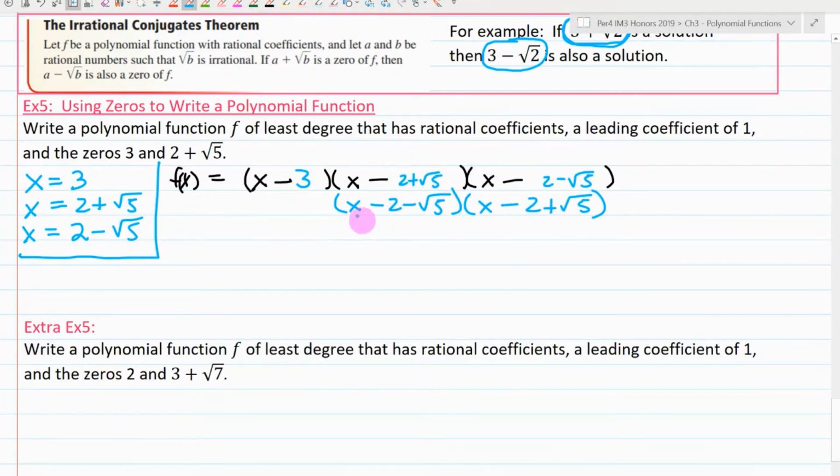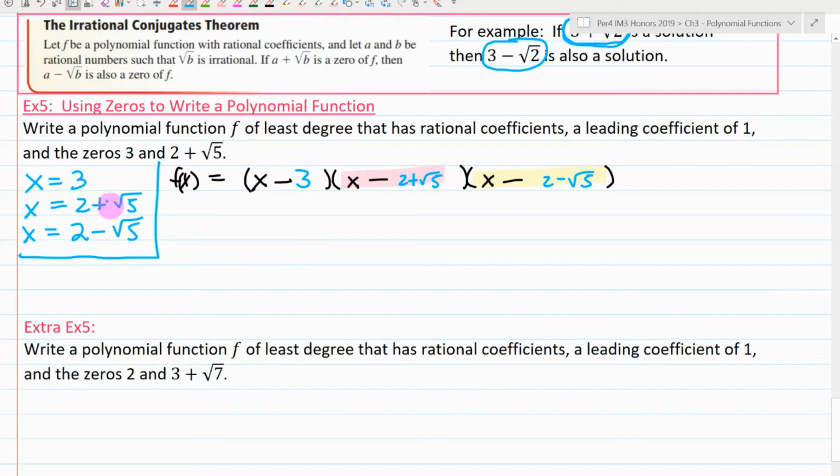For our purposes, as you can see, this one and this one are the same, and this one and this one are the same. So it's the same thing as if we didn't put parentheses in the first place. But just so you know, they should be there when you're subtracting a binomial. We're going to skip that step for what we're doing because they will always cancel each other out.